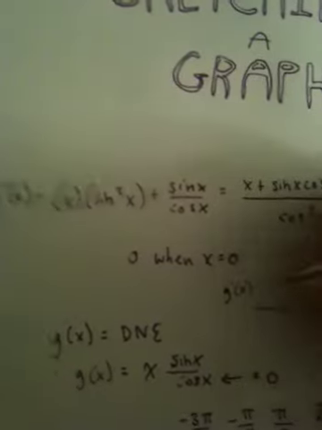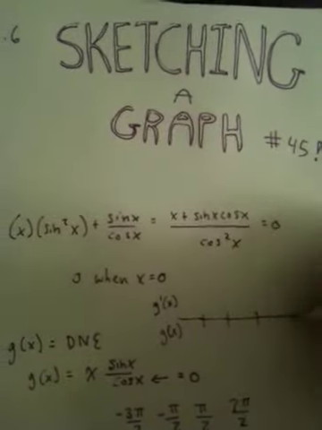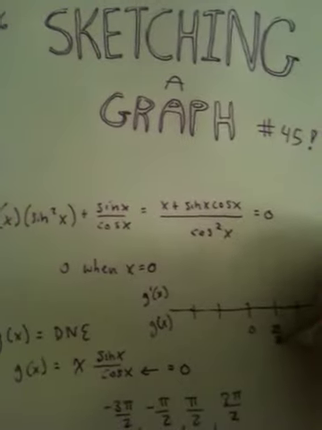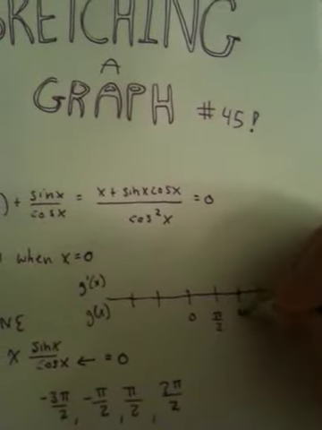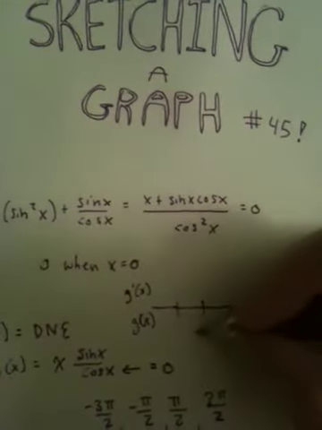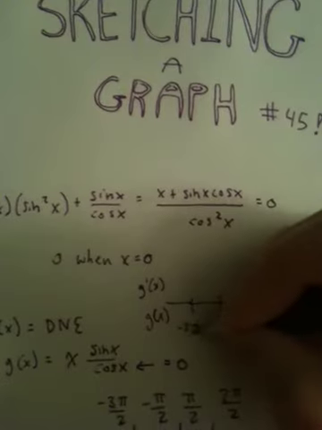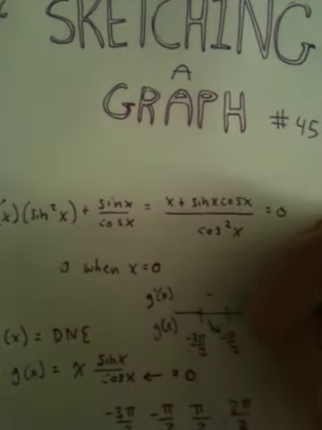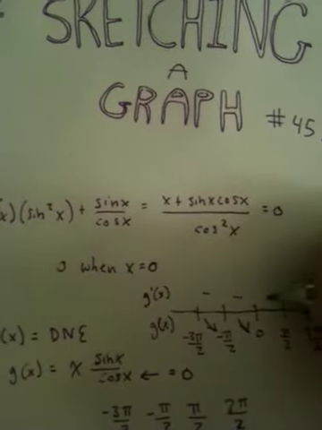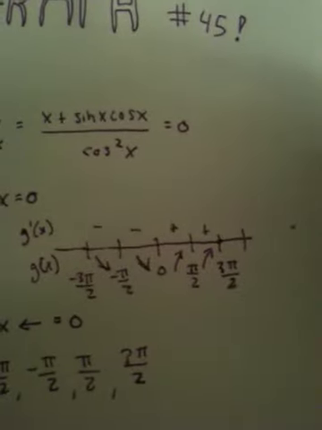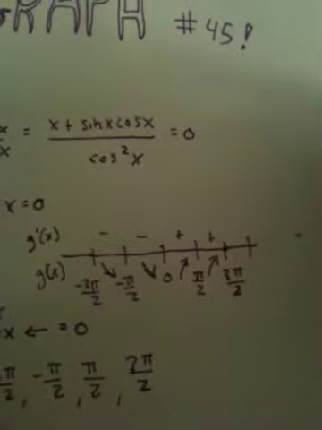With these numbers, you can set up a number line. You can see that g of x will be decreasing from negative 3 pi over 2 to 0 and increasing from 0 to 3 pi over 2.